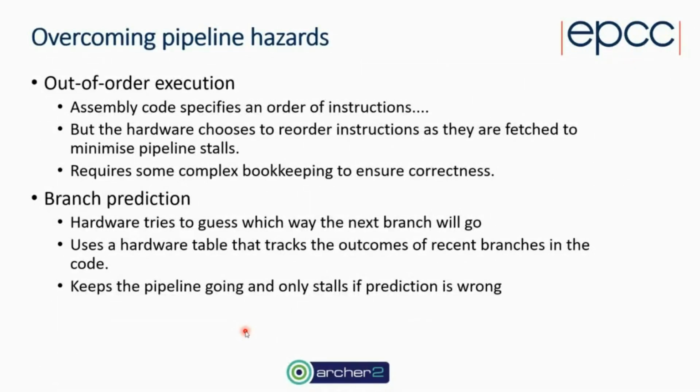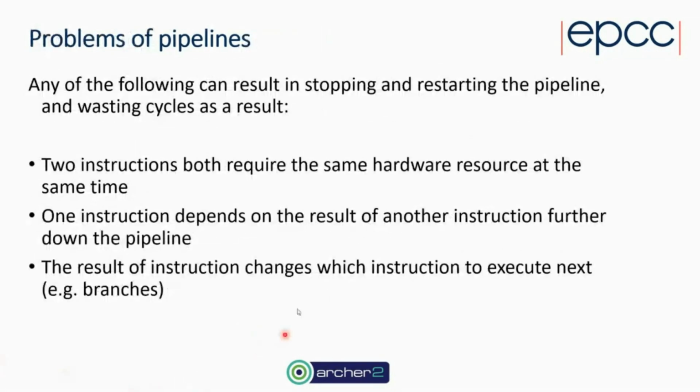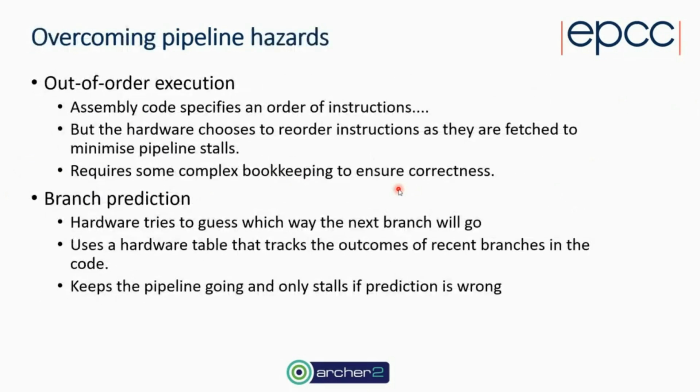And some of these are optimized away for us by the processor by some of the functionality we have. So this out of order execution, where the processor itself can reorder instructions that are given to it from the program to make best use of resources. So that will try and get rid of this two instructions requiring the same hardware resource at the same time. The processor will try and schedule the instructions it's got in such a way as to avoid this.